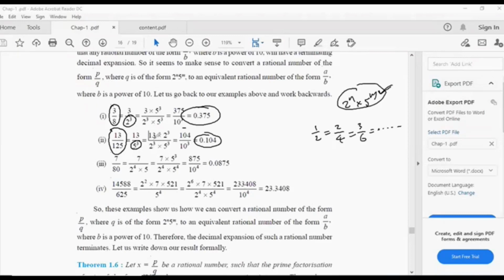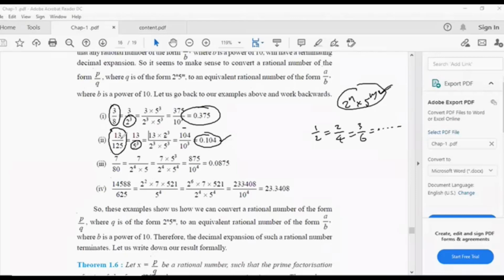To balance the fraction, we multiply the numerator also by 2 cube. So 13 into 2 cube gives 104, and the denominator becomes 10 cube, which is 1000. Moving right to left 3 places, we put the point and get 0.104. So the decimal form terminates.